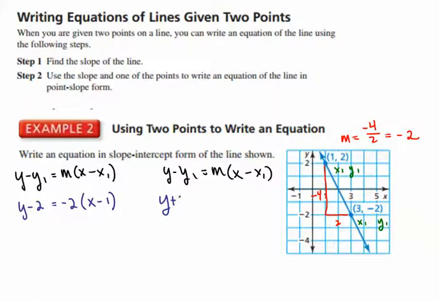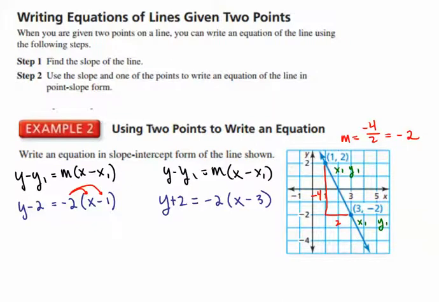Remember, it always gives the opposite sign. So y plus 2 is equal to -2 times x minus 3. Now again, if you look at these two equations in point-slope form, they appear to be different, but when I distribute and simplify, we're going to see that they should give us exactly the same thing.